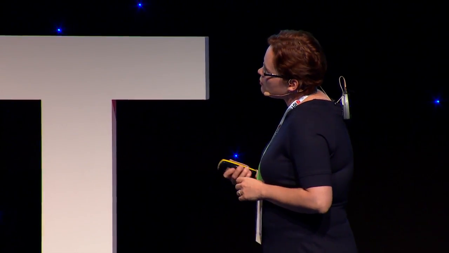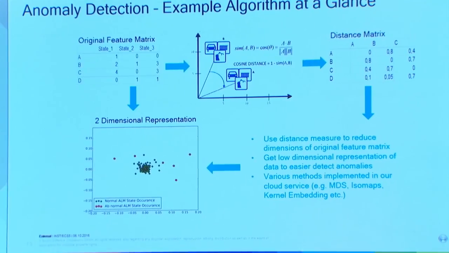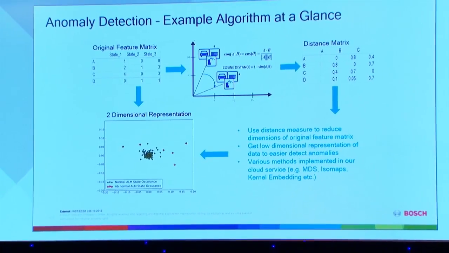What you try to do is reduce the dimension and retain as much information as you had before in the distance matrix. And then you get it to the lower dimension, and you can plot it in a scatterplot like you see it here.